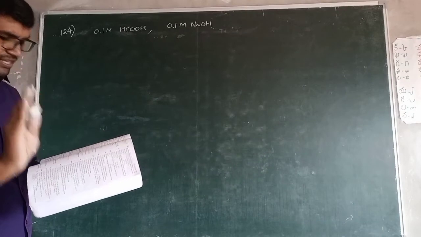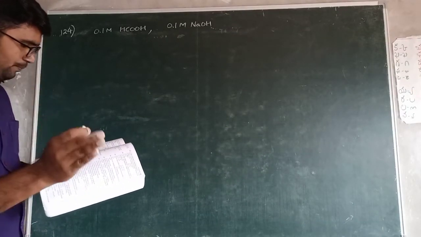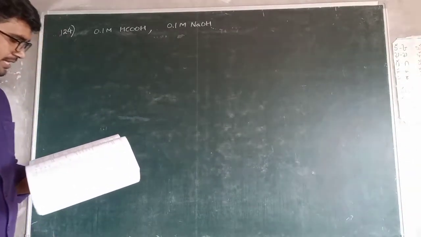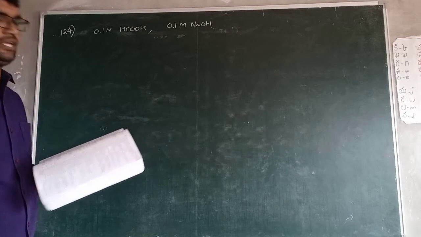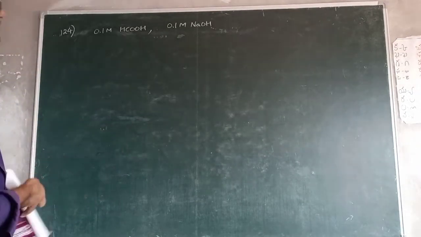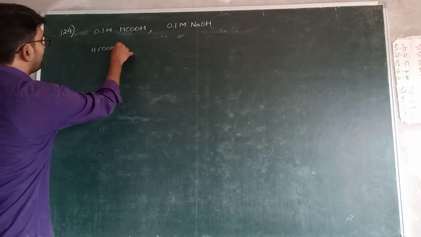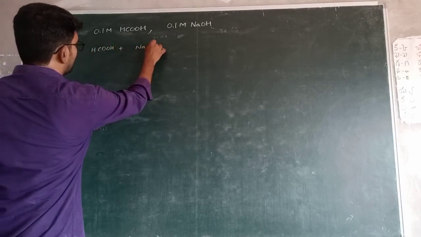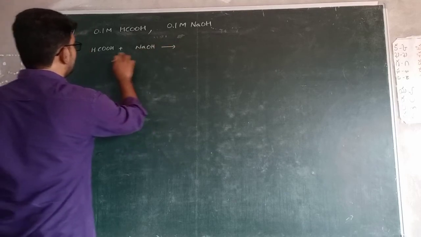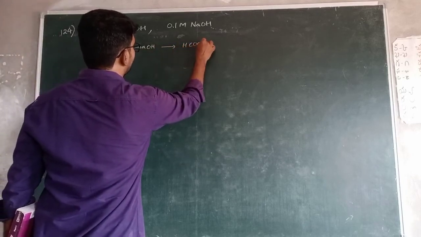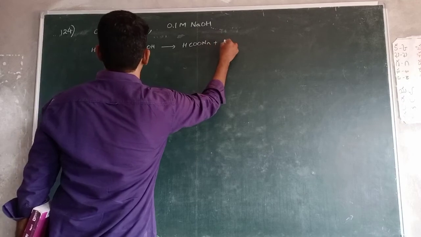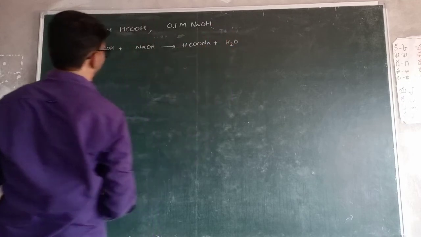What would be the difference in pH between 1/5 stage and 4/5 stage of neutralization of the acid? 1/5 stage. First, write the equation between these two. HCOOH plus NaOH gives rise to HCOONa plus H2O. This is the equation.